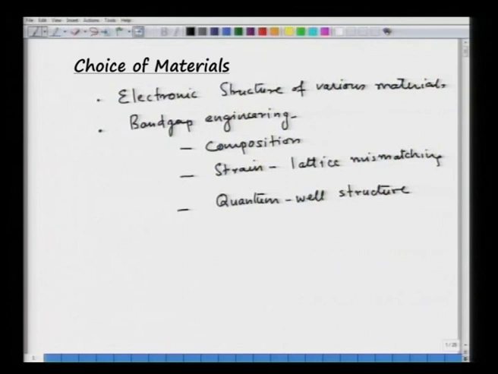To start our discussion, we will talk about 3-5 semiconductors. If we want to make a light emitting device, of course, the material of our choice is a direct band gap semiconductor. And 3-5 semiconductors are the ideal system for this material.